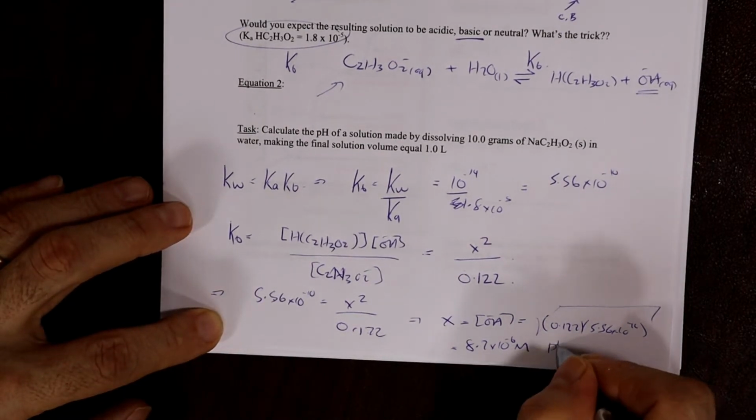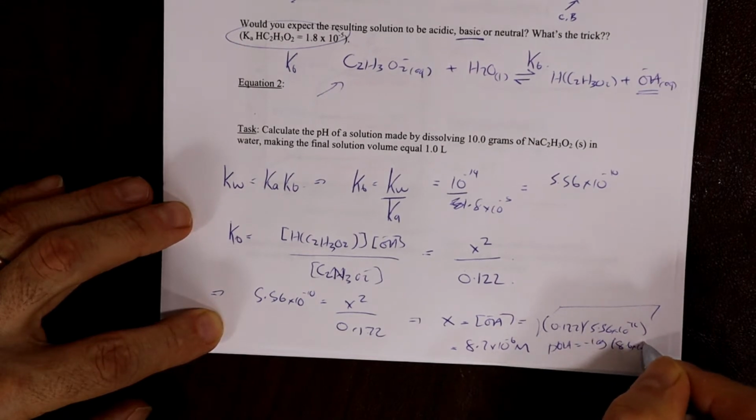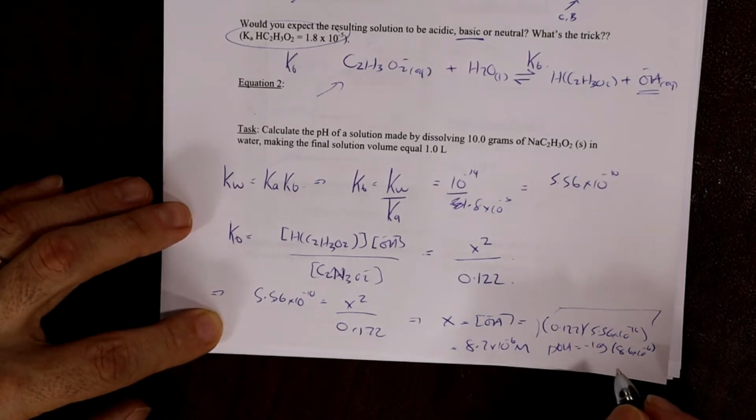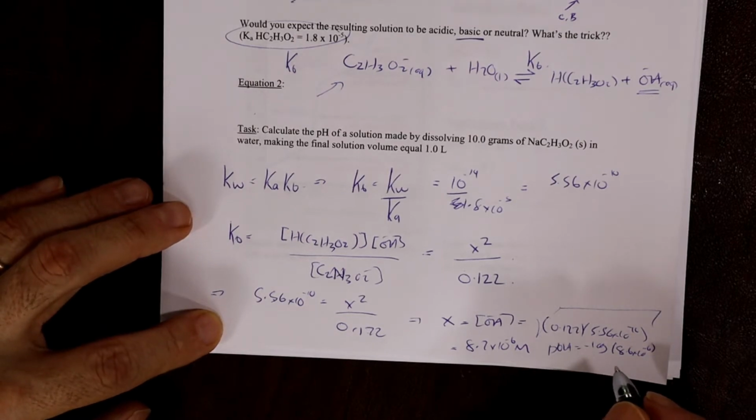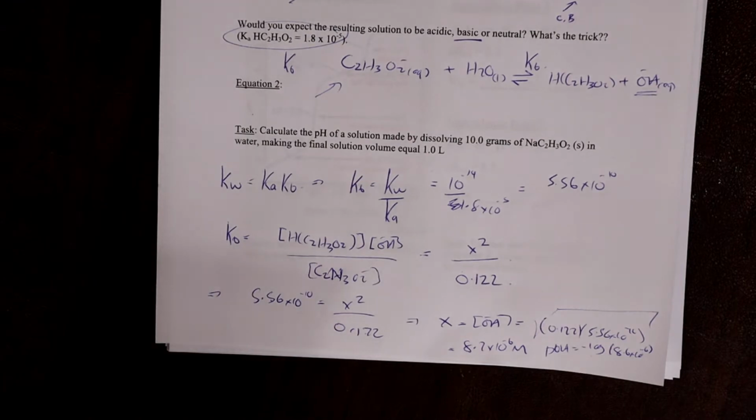So pOH equals minus log of 8.6 times 10 to the minus 6. Running out of room, apologize for that. Let's just do that real quick. Let's get the calculator out. 8.6 times 10 to the minus 6, and find my log function. 5.5.